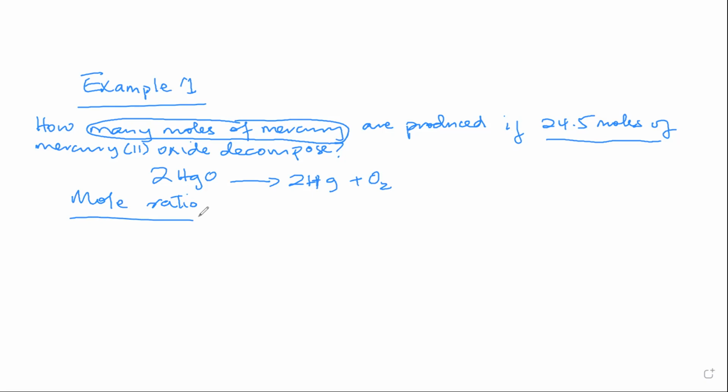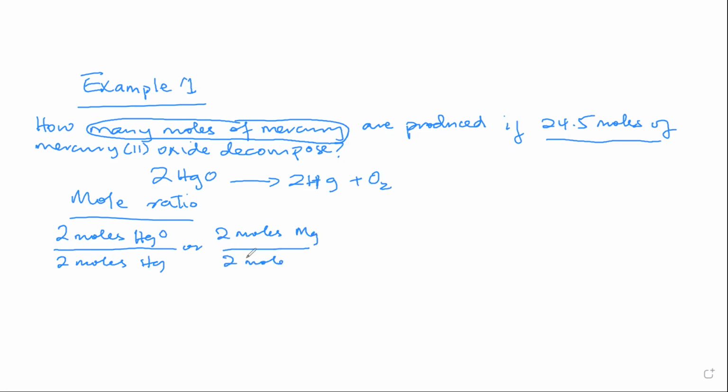So you ask yourself, are we going from one substance to another substance? If you are doing that, we are using mole ratio. So we are looking at mercury(II) oxide and mercury. So the mole ratio will be 2 moles of mercury(II) oxide over 2 moles of mercury, or 2 moles of mercury over 2 moles of mercury(II) oxide.